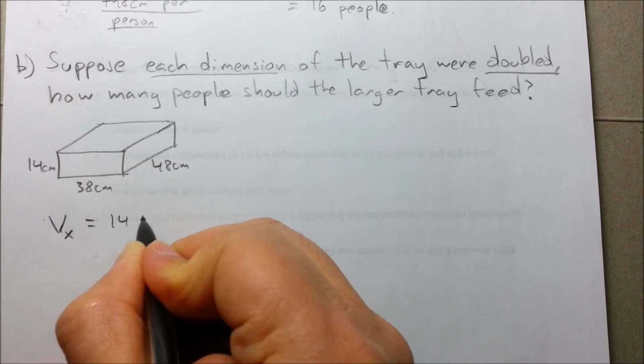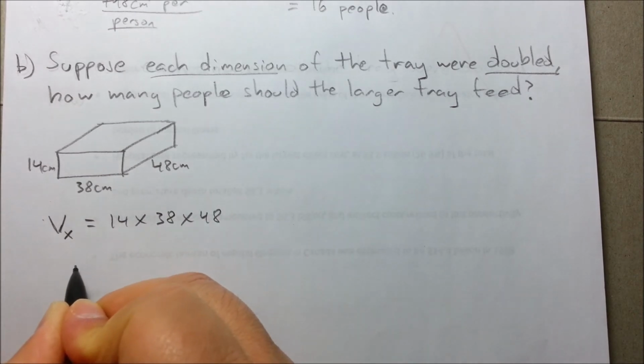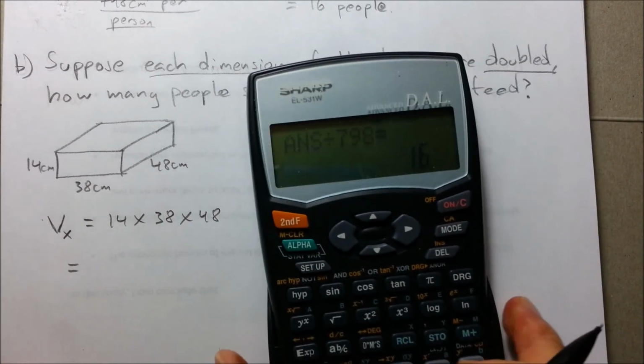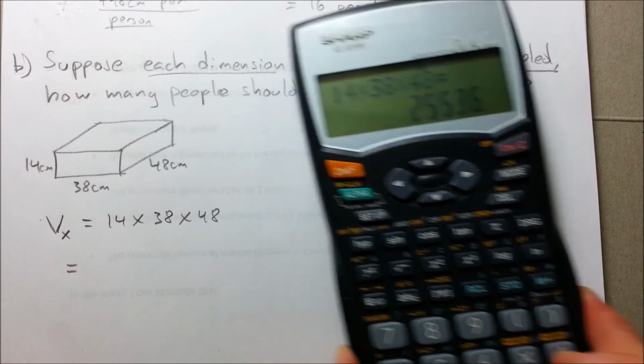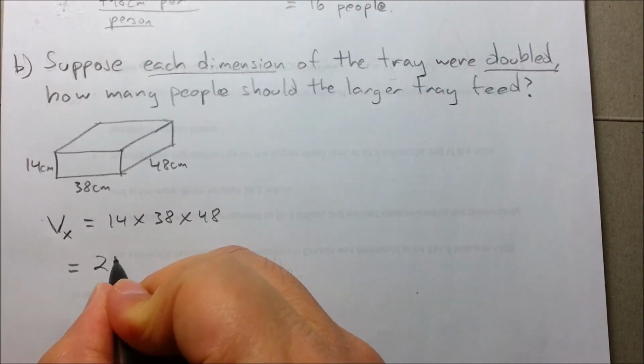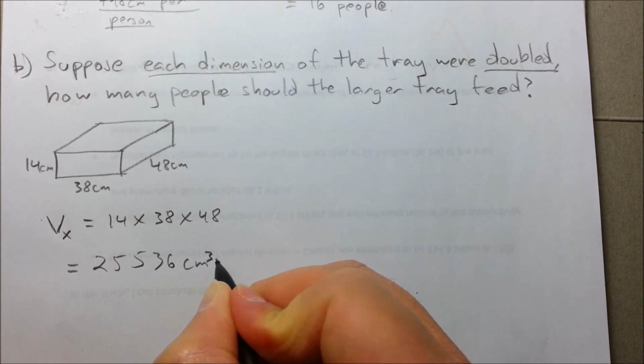Okay, so same thing, 14 times 38 times 48, length times width times height. Grab your calculator, and we do 14 times 38 times 48. It's equal to 25,536 centimeters cubed.